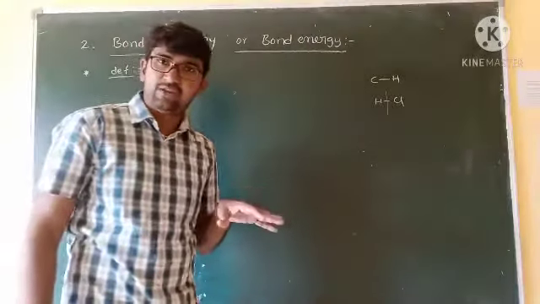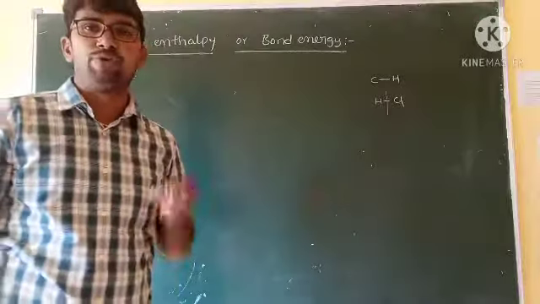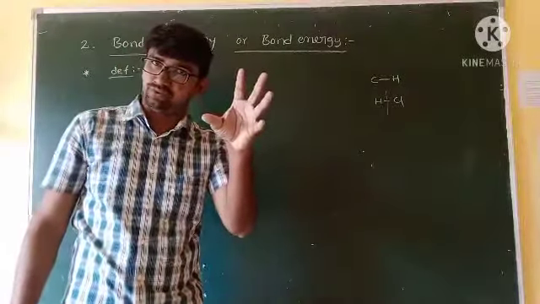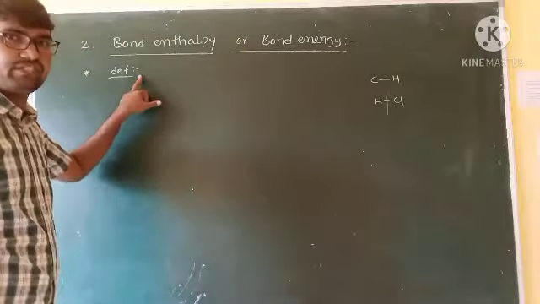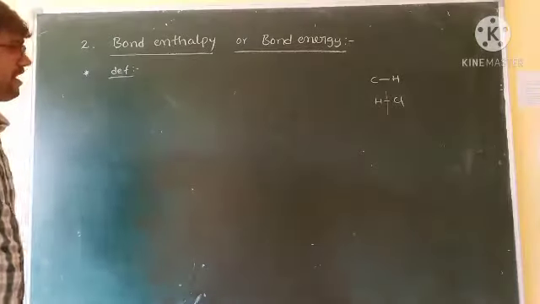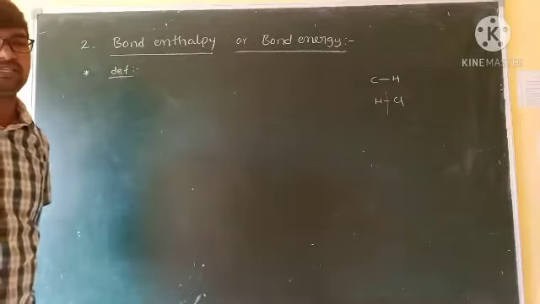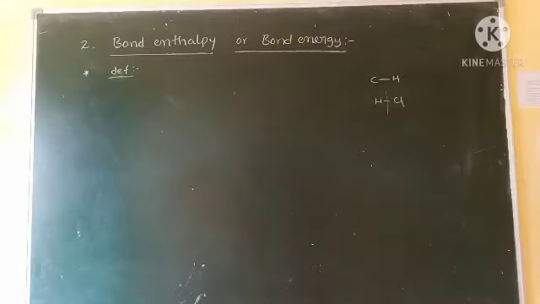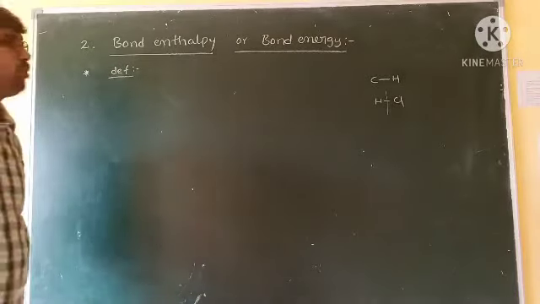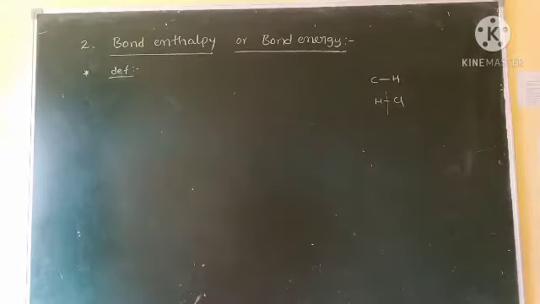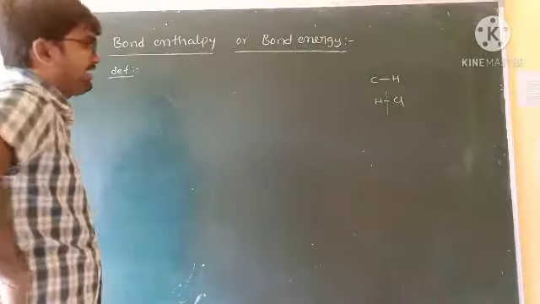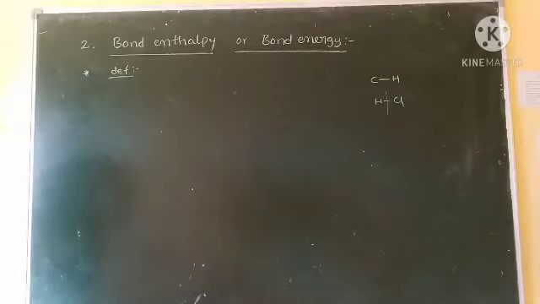But in chemistry we are using not only for a single bond, we are using only for 1 mole of bonds or 1 mole of the compound. So write the definition: the amount of energy required to break 1 mole of bonds of a particular type between two atoms in a gaseous state.